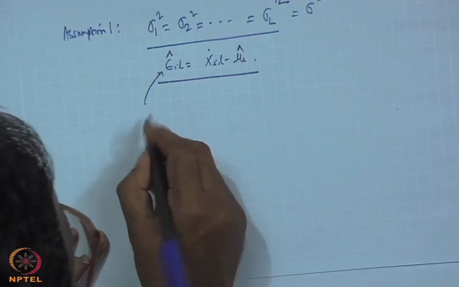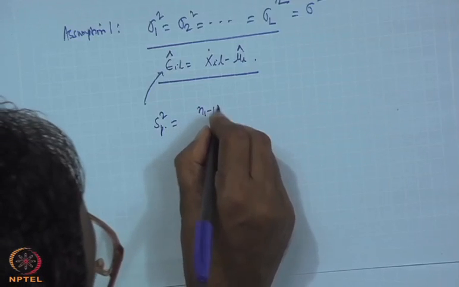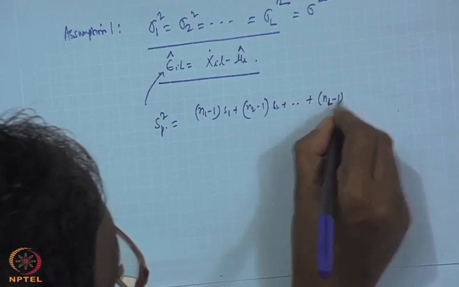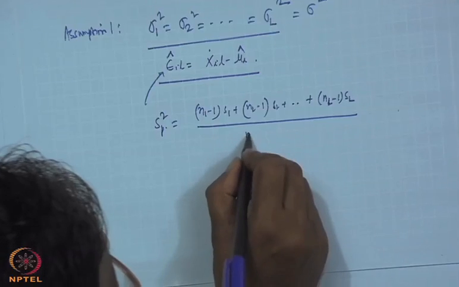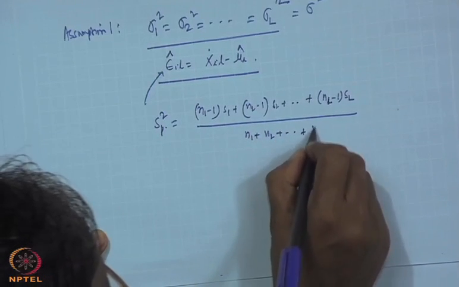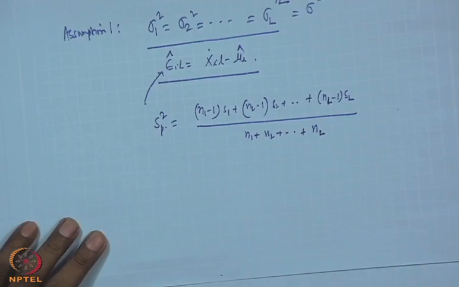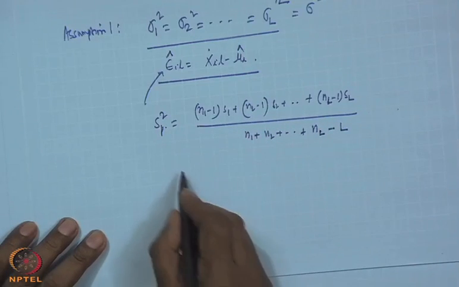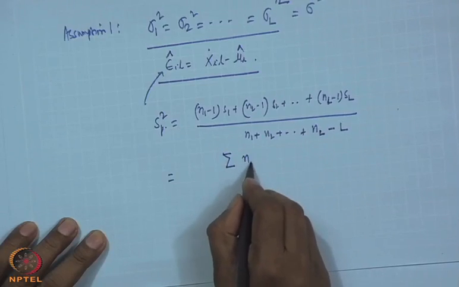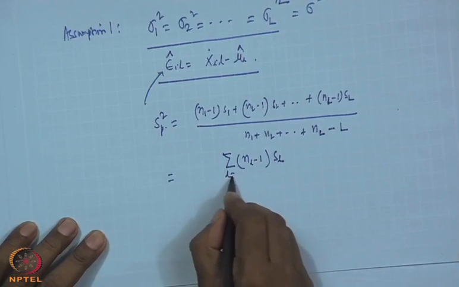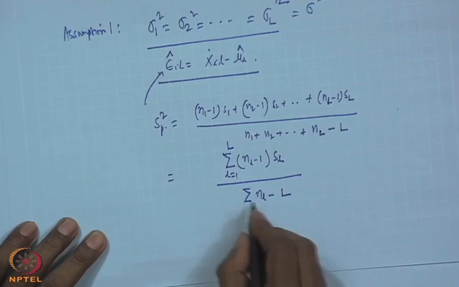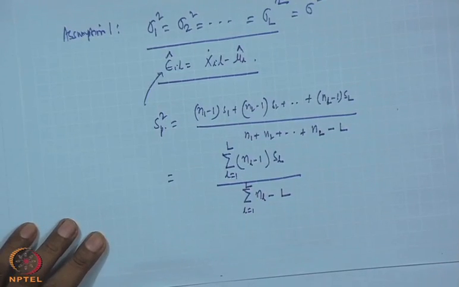What we are saying is that sp square is (n1 minus 1) S1 plus (n2 minus 1) S2, like this up to (n_L minus 1) S_L, divided by n1 plus n2 up to n_L minus the number of populations, that is L. So this quantity is nothing but the sum of (n_L minus 1) S_L, L equal to 1 to L, divided by the sum total of n_L minus L. So this is your sp square you have developed earlier also.